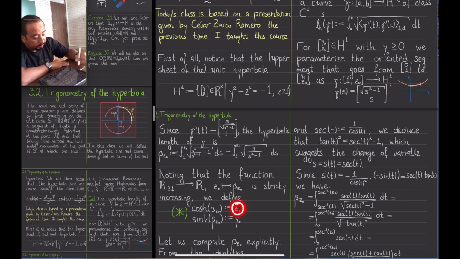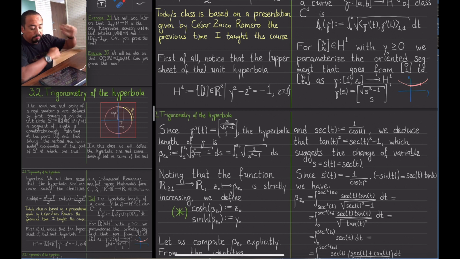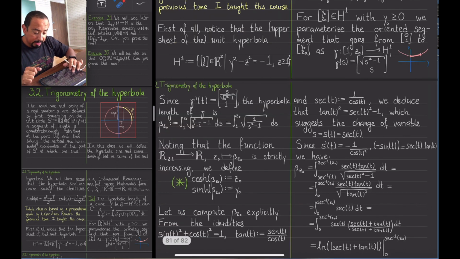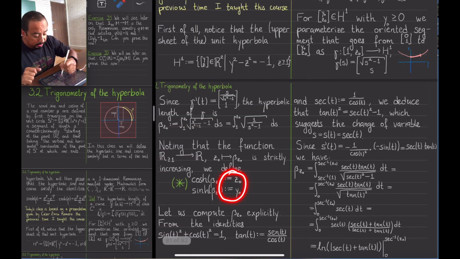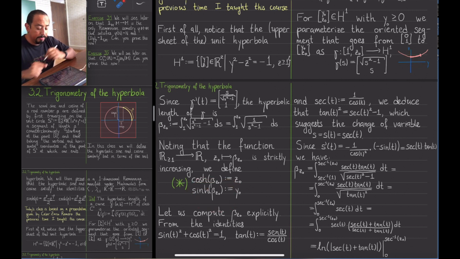And here, as promised, the vertical one is the hyperbolic cosine, right? Because I chose to work with the vertical picture of the hyperbola, not the horizontal one. And I did this because this one is already so naturally embedded in the hyperboloid without having to rotate, or switch coordinates or anything. So this will make my life easier later on. I mean, the cosine is measured vertically and the sine is measured horizontally.